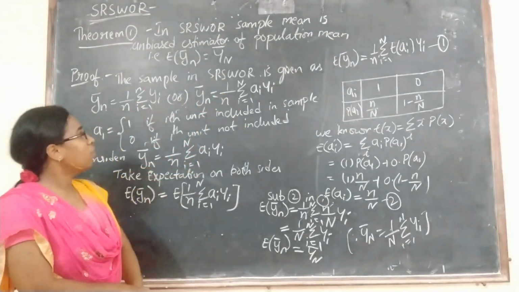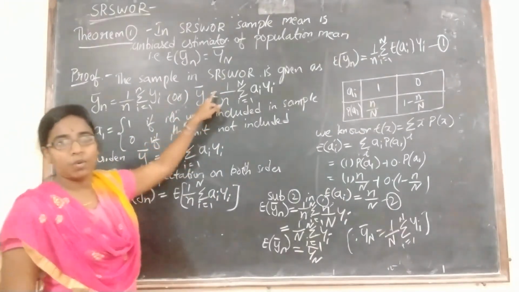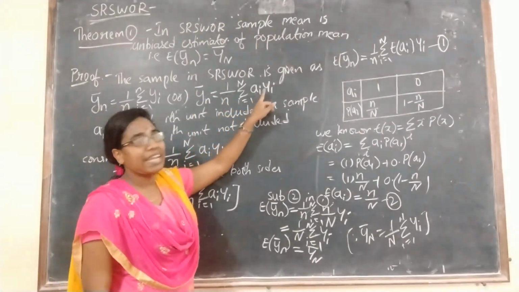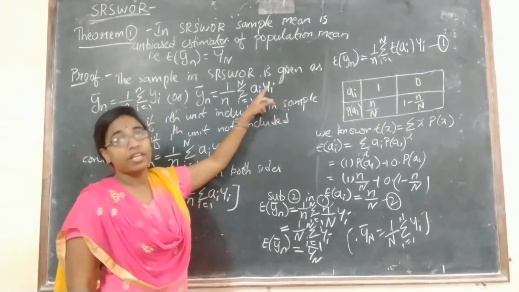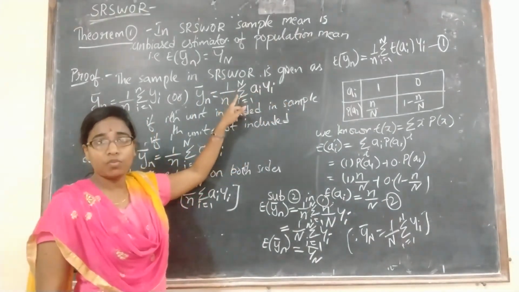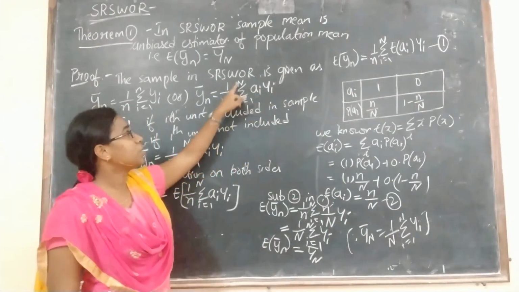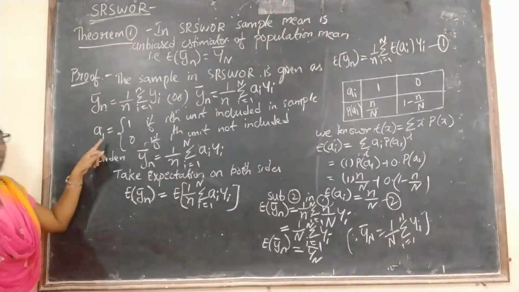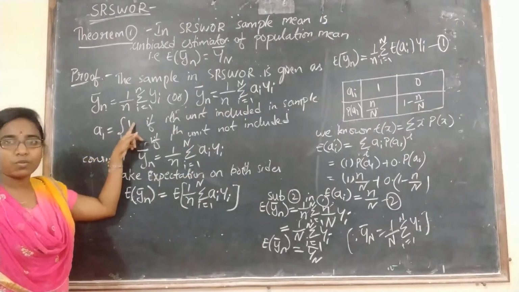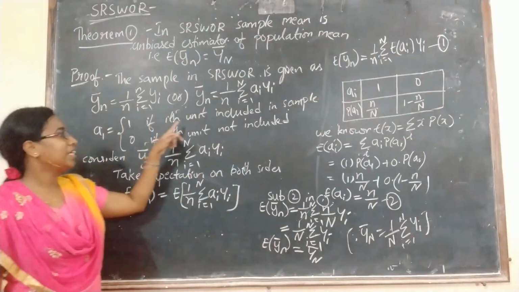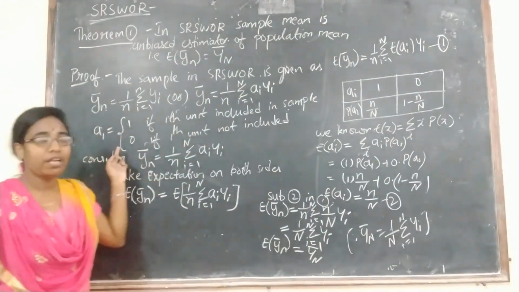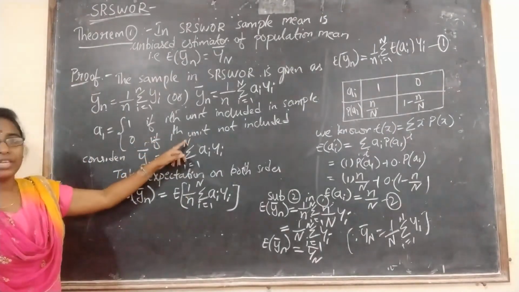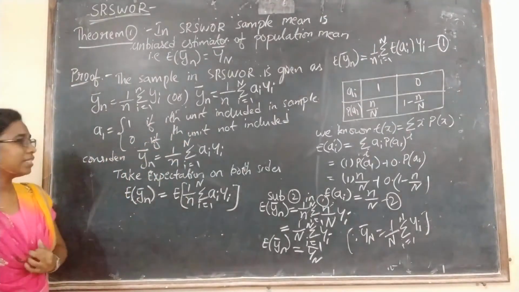So we will use the formula y bar equals 1 by n summation AI into capital Yi. So you are converting, and the summation will also change, I equals 1 to capital N. Now what is the AI value? It takes binary values, that is 1 and 0. If the ith unit is included, the value will be 1. If the ith unit is not included in the sample, the value will be 0.